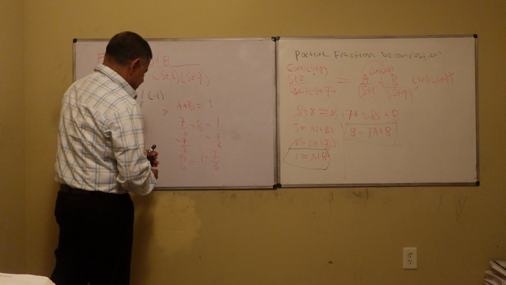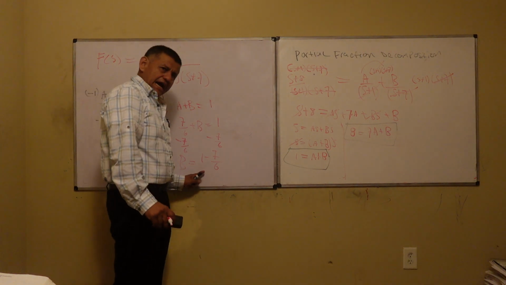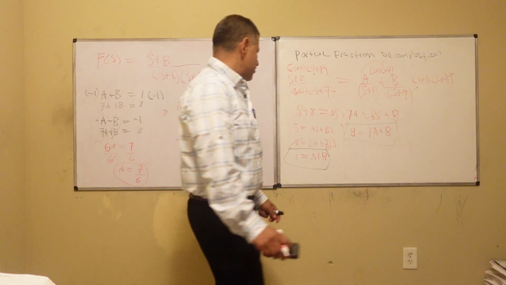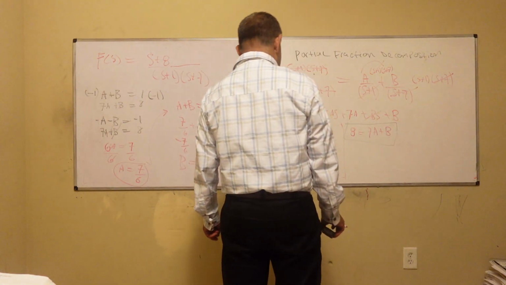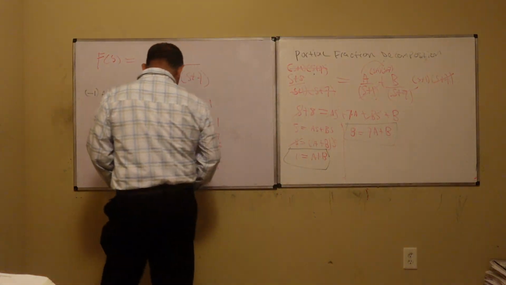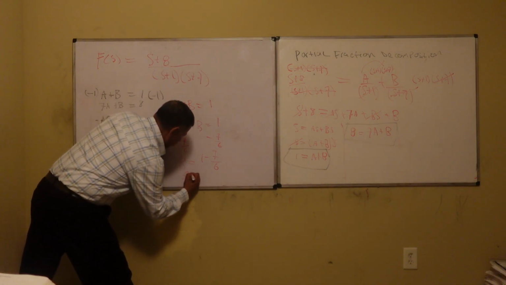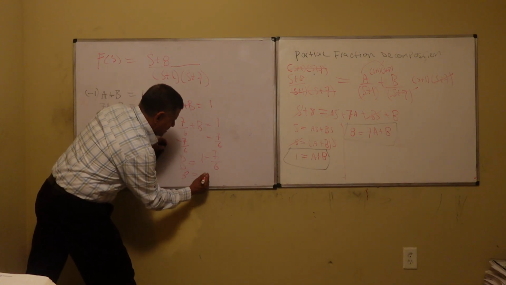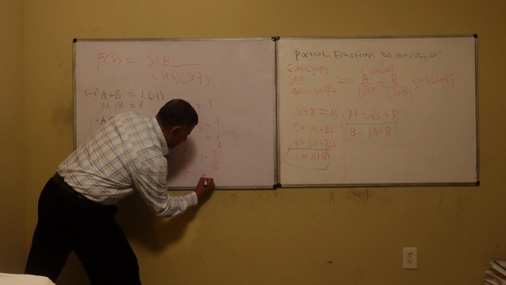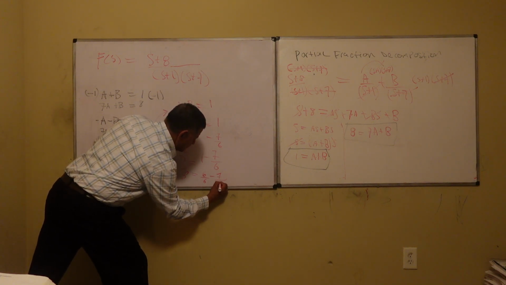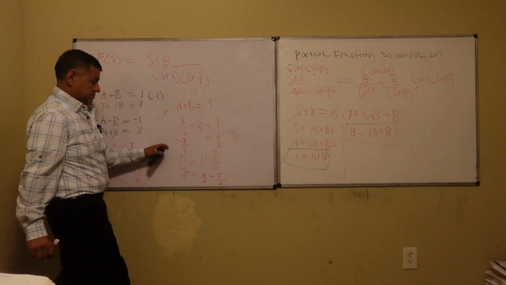But I'm not done yet at that point. I need to find the common denominator of this. When I do the common denominator, it is going to be 6 over 6 minus 7 over 6.